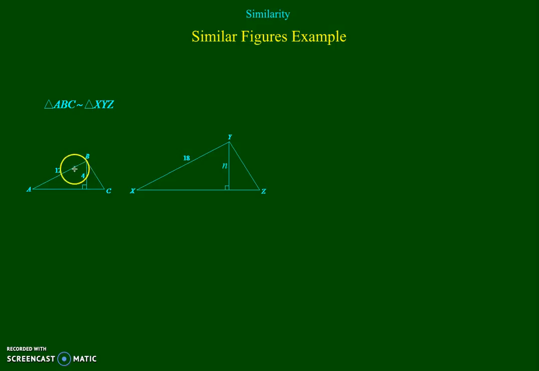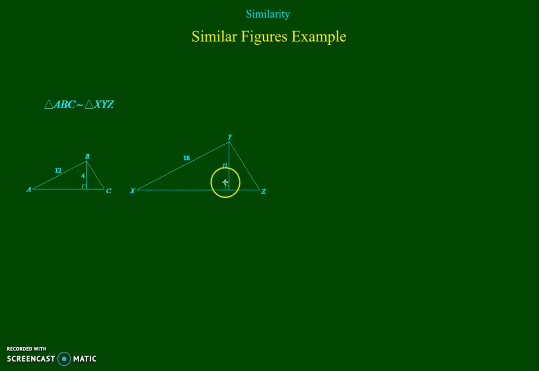It doesn't matter whether it's corresponding side lengths, corresponding altitudes like we have here, whether it's perimeter, any length measurement in similar figures is going to have the same ratio as the scale factor between those two figures. So we'll treat this just as any other side length, even though it's not a side length.